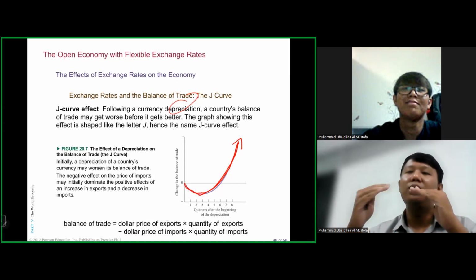So we need to have the right balance for our local currency.